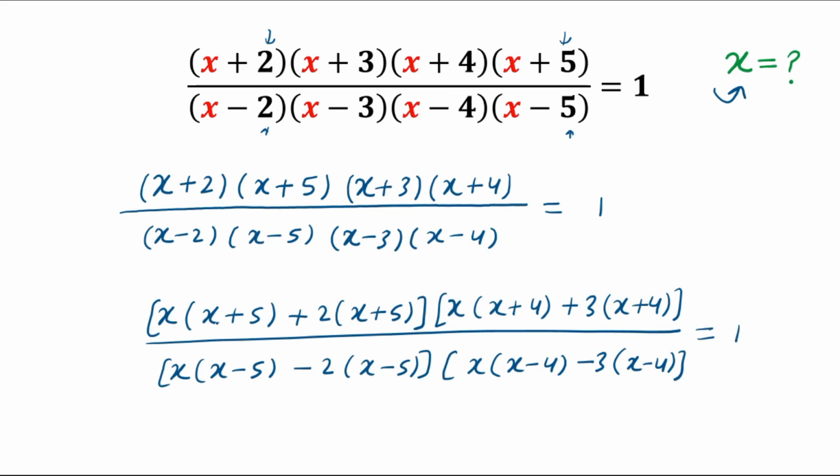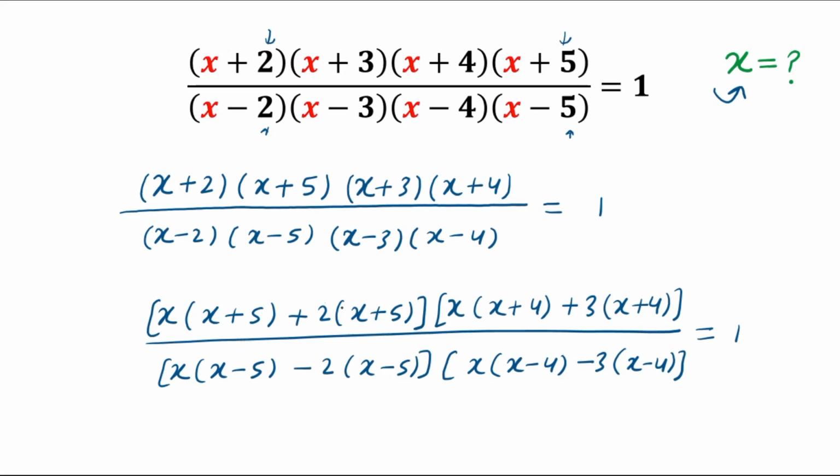Now x is multiplied by x plus 5, then you will get x square plus 5x. This 2 is multiplied by x plus 5, then you will get 2x plus 10.